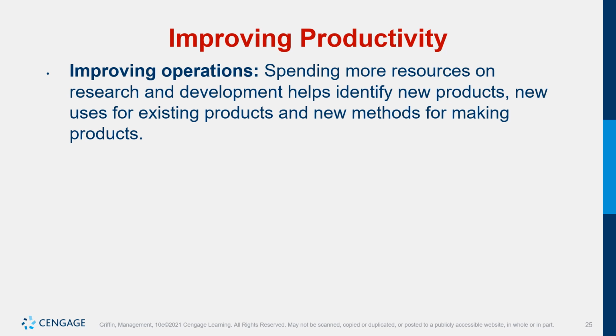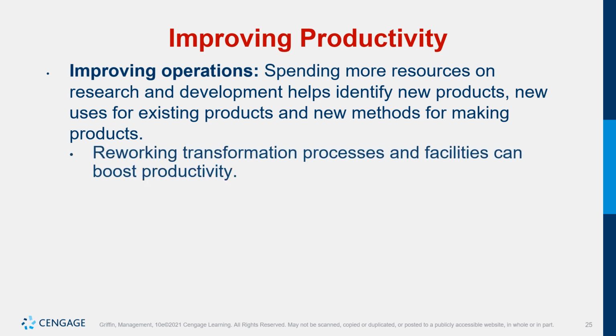One way to improve productivity is by improving operations. This may involve spending more resources on research and development to identify new products, new uses for existing products, and new methods for making products. It can also involve reassessing and revamping transformation facilities such as plants and equipment.